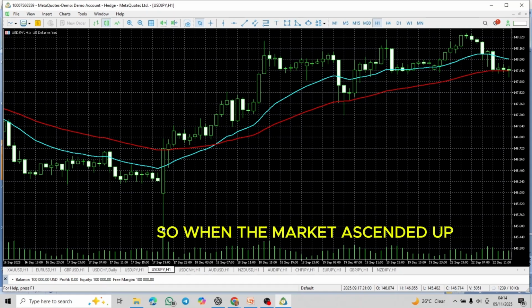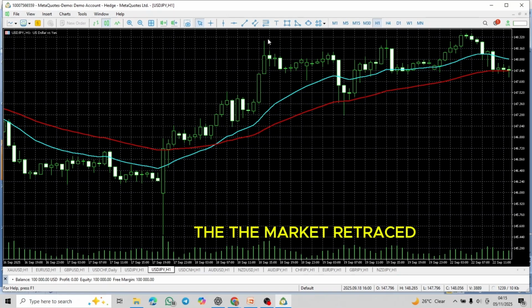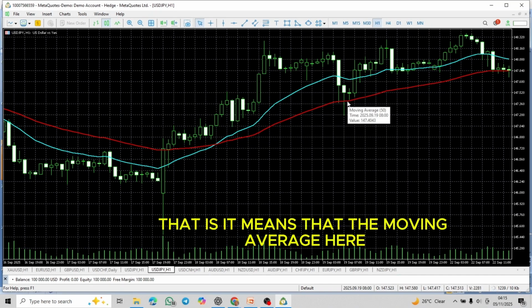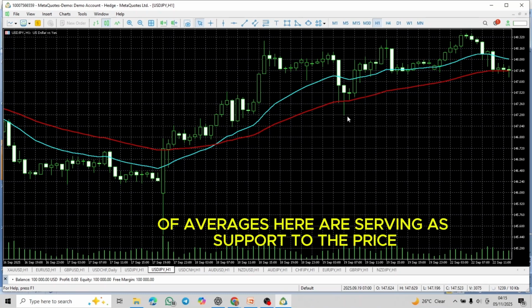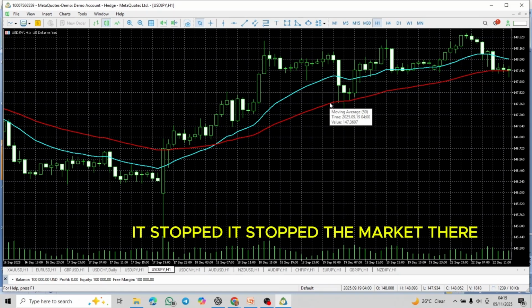So when the market ascended in an uptrend to get to this level, the market retraced, and you see at this level the market was stopped. It means that the moving averages here are serving as support to the price. The red is EMA 50. It stopped the market there.